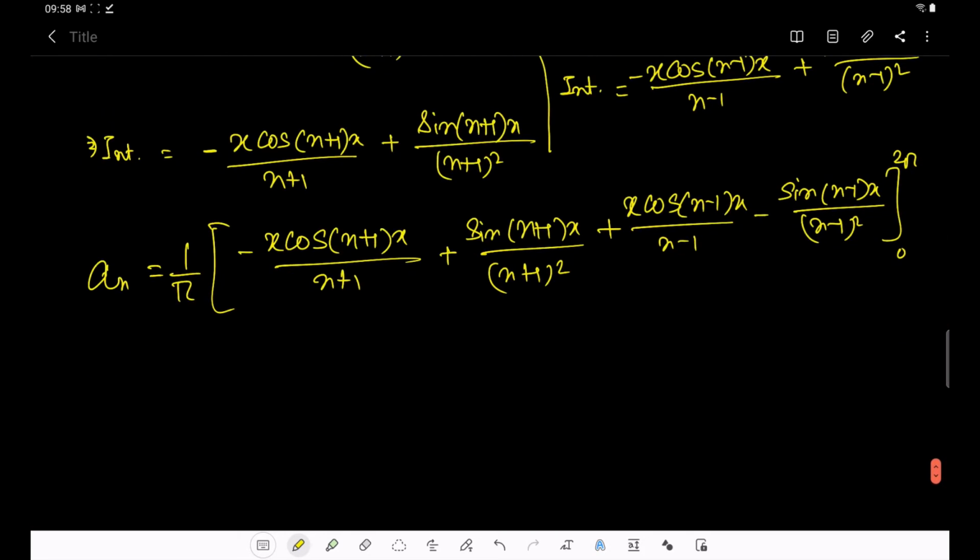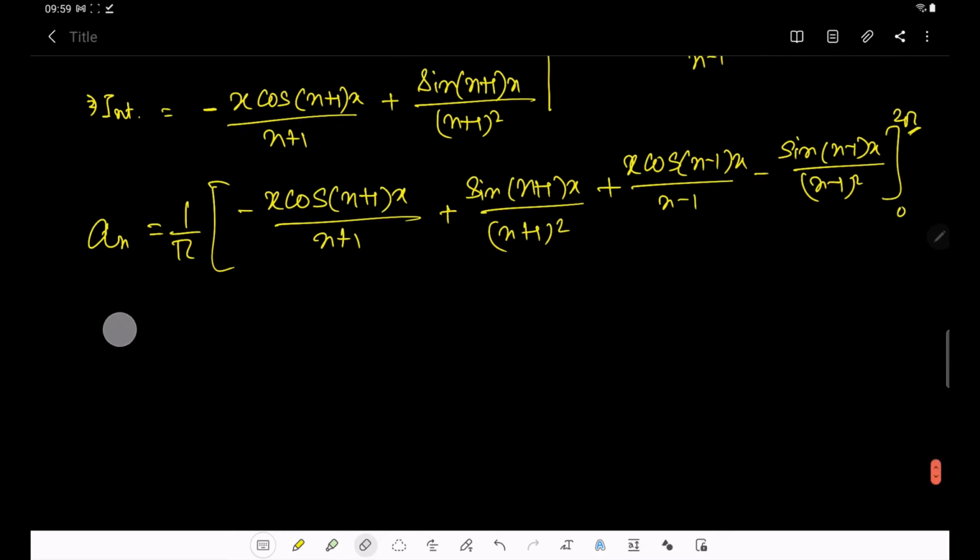Now you can see that if we use this positive upper limit 2 pi, then we will get the term cos (n plus 1) 2 pi will produce plus 1, and sine of (n plus 1) times 2 pi will produce 0. So this term will be 0. This term will also be 0 for the upper limit, and under the lower limit, that is 0, we will get every term equal to 0.